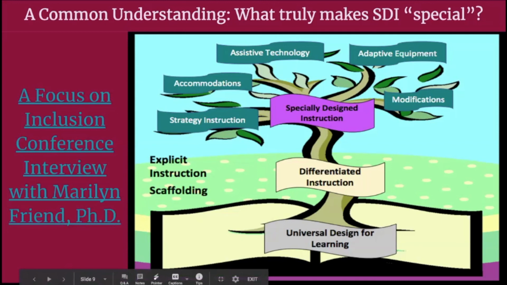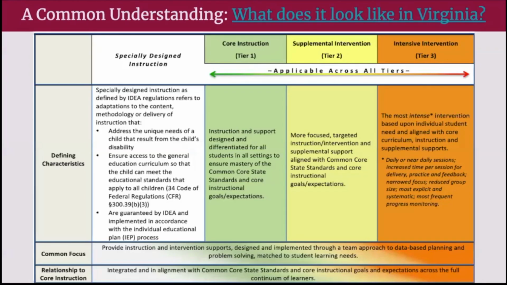Tier 1 is what everyone else is getting in tier 1. It's the extra supports that student needs. Wherever we're delivering it, it's above and beyond what other students are getting. There is also a link to the UDL guidelines in the notes on the previous slide.